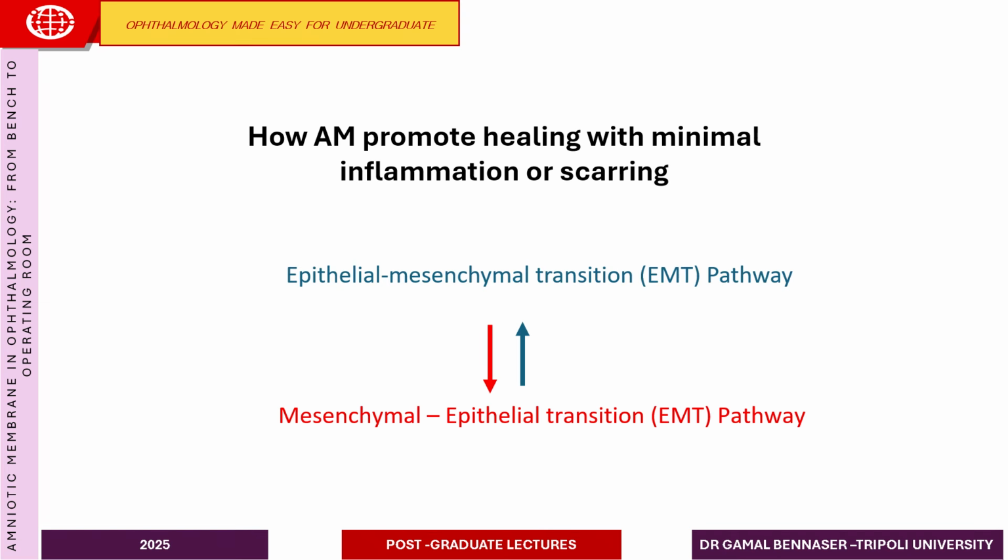Now, to understand this, I will explain how the amniotic membrane can promote healing but without scar formation. The next discussion will be regarding this epithelial mesenchymal transition and the reverse pathway, which is the mesenchymal epithelial transition.